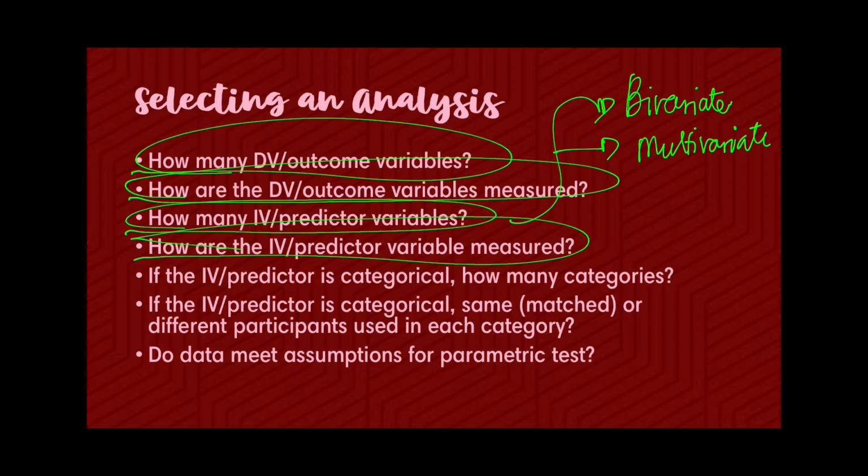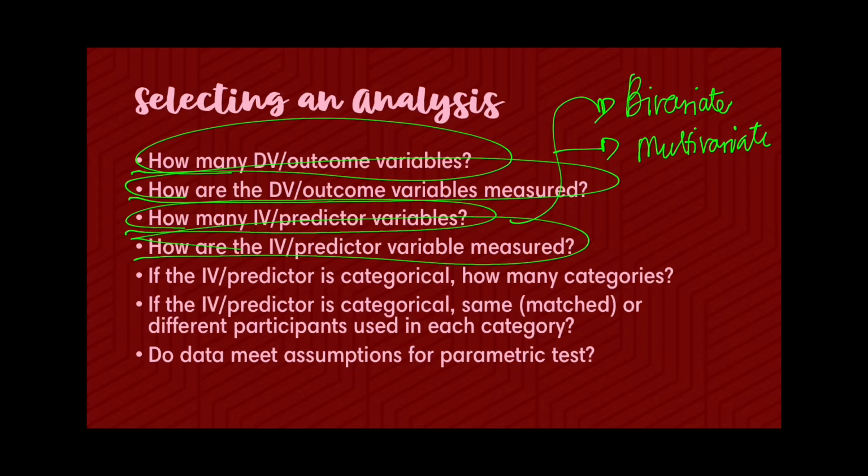Some independent variables will be categorical with two categories, so dichotomous, or three or more categories, so that's multinomial. So iba. And then what if your independent variable is also a continuous variable? So there's a specific test that you will run based on the nature of the independent variable and based on the nature of the dependent variable.